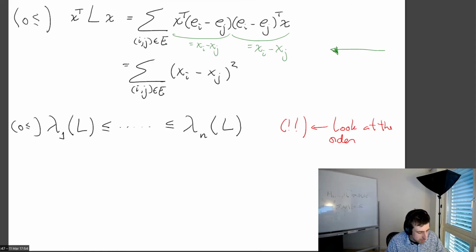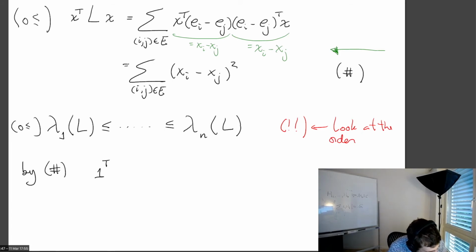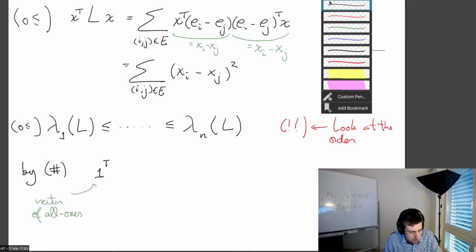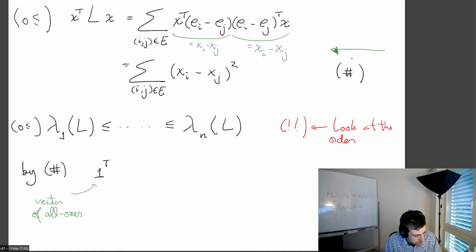Why? Because by this formula above, let's call it sharp, if I take the vector of all ones, this is the sum of the differences between 1 and 1.